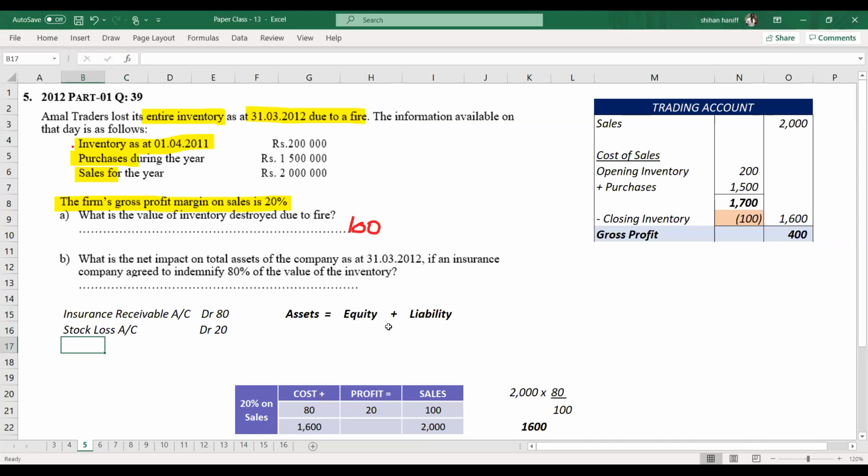Stock loss account, other expense. And the stock account or purchases account will be credited 100,000. So this is the double entry.